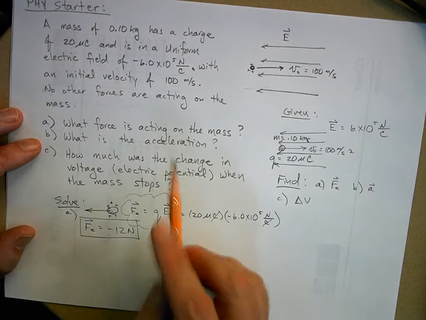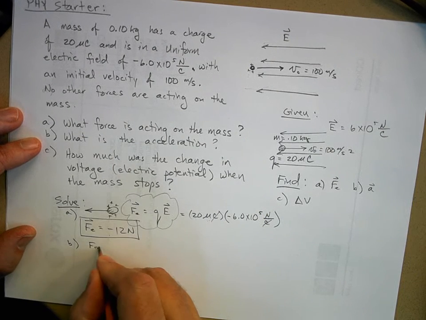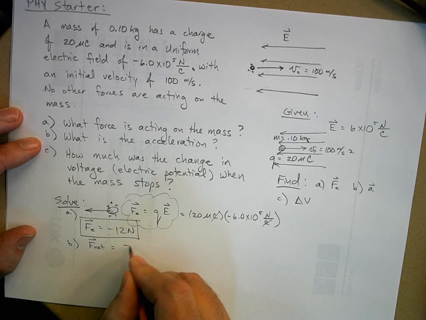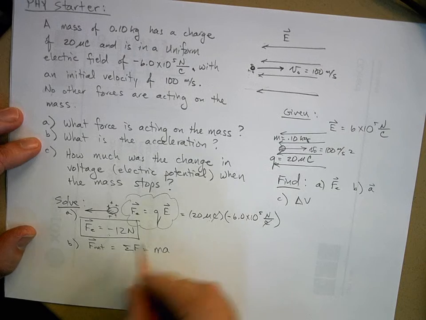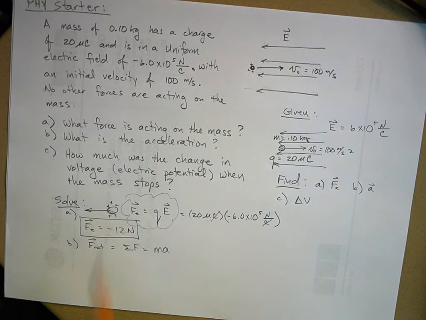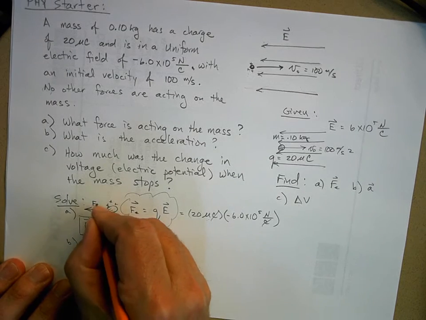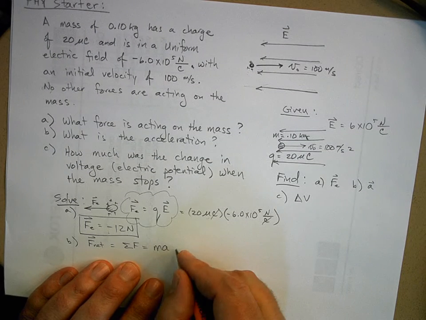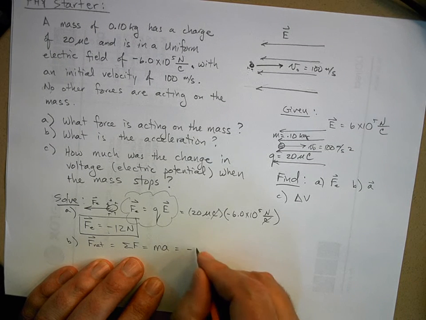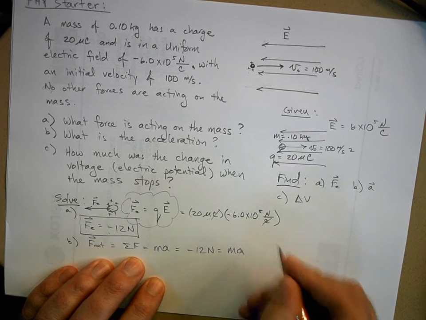Now, for part B, what is the acceleration? Well, the net force equals the sum of all forces acting on the object, and that's equal to ma. But what I drew up here is really a free body diagram of the object. This electric force is the only force that's acting on that object. So it is the net force. So we're going to say negative 12 newtons equals ma.